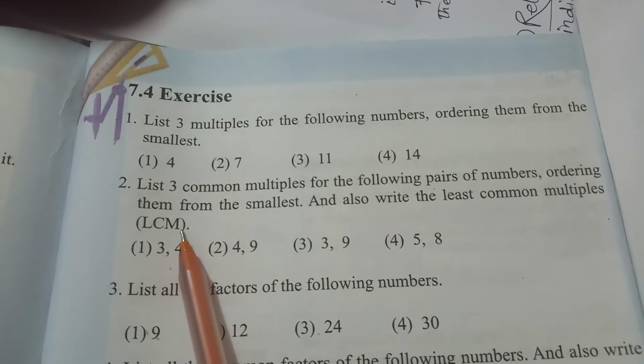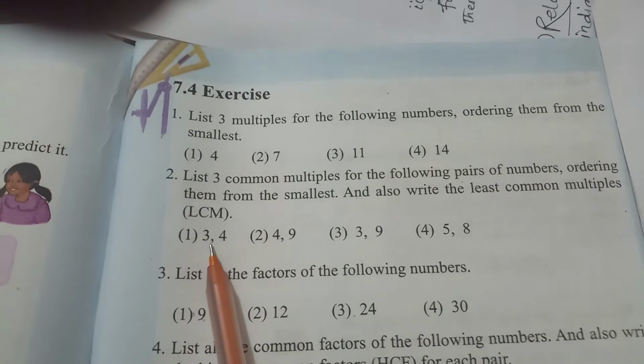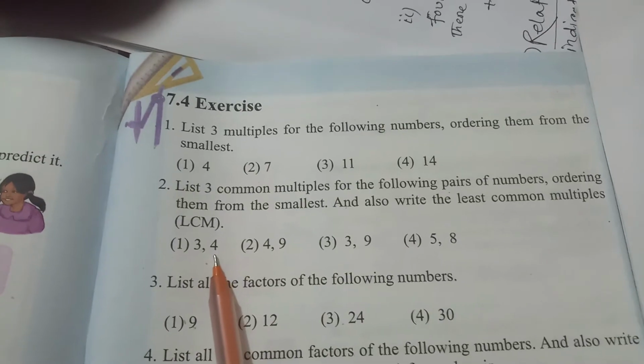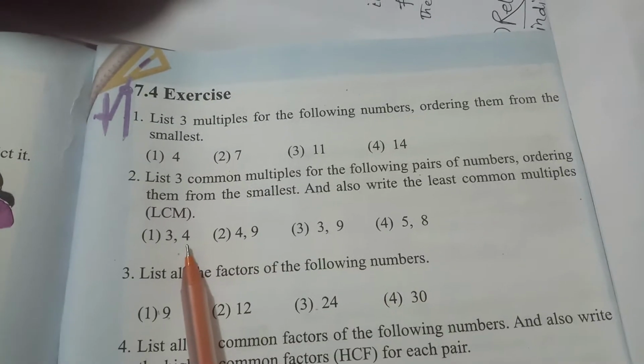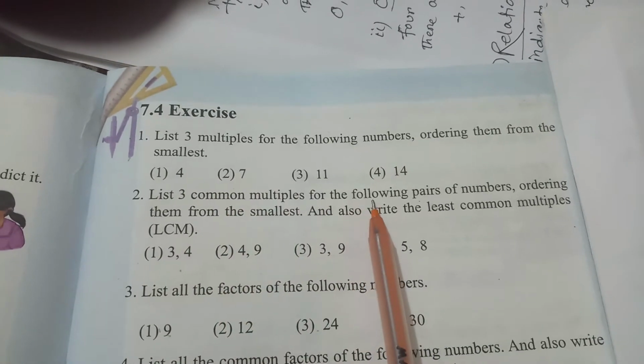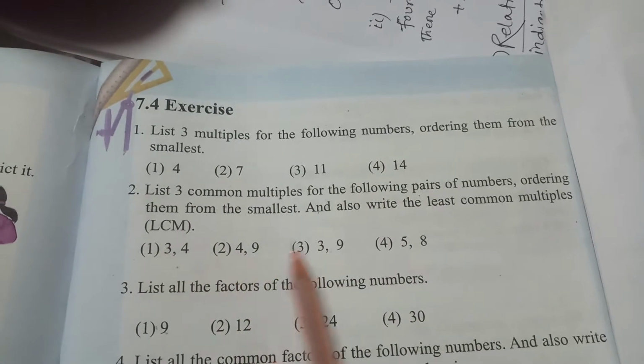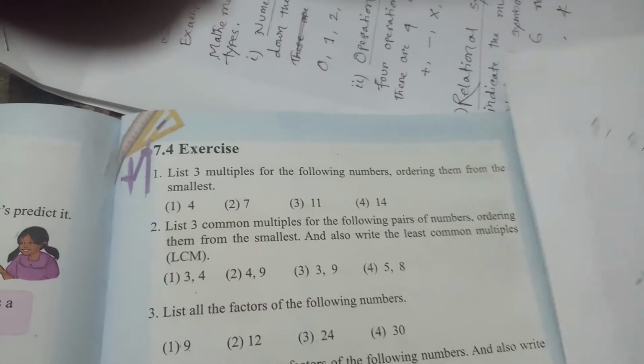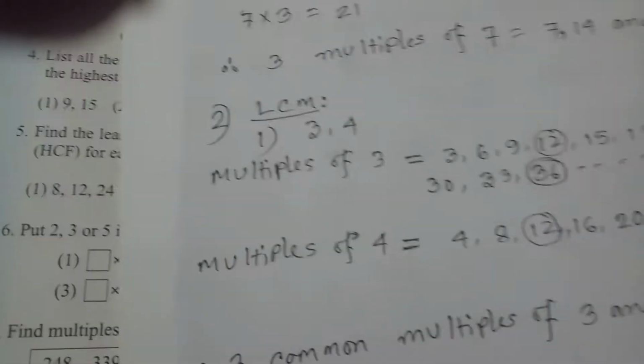The least common multiple. Okay, number 1, 3 and 4. You have to find out the LCM of these two numbers. At first you have to find out 3 common multiples and then the LCM. Okay, look at the picture. Number 2, 3.